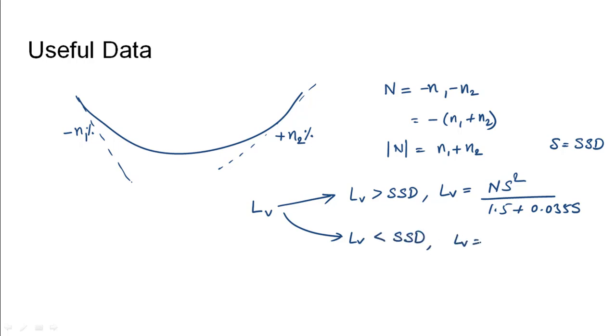In this case it is given as 2S minus (1.5 plus 0.035 S) divided by N. So by finding the SSD, one can calculate the length of valley curve depending upon the assumption that either it is greater than SSD or it is less than SSD.